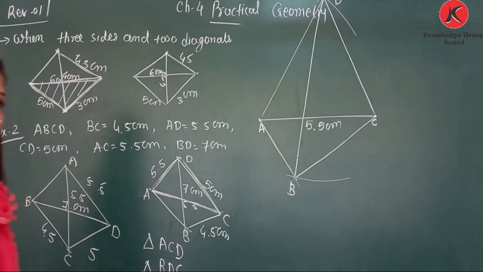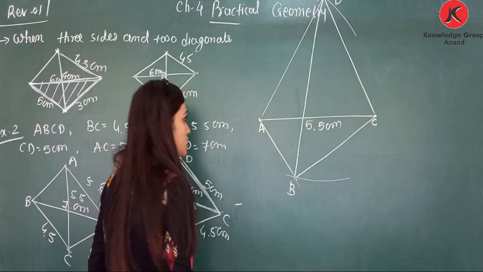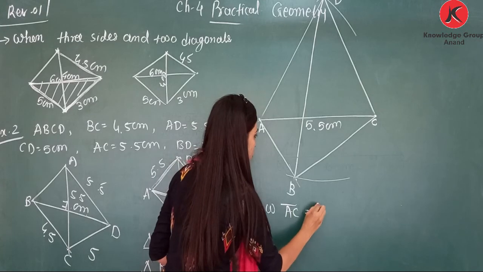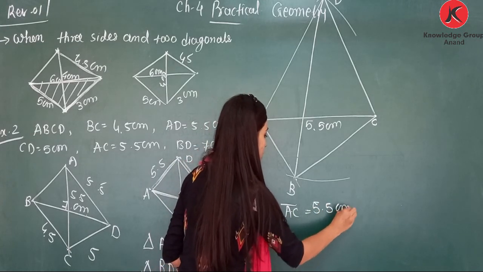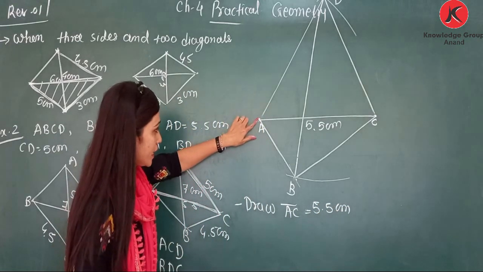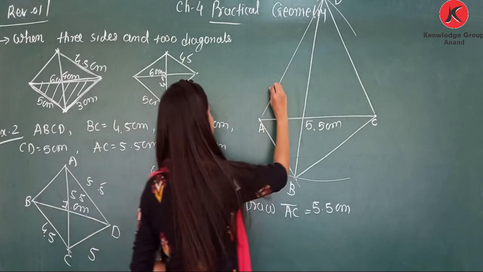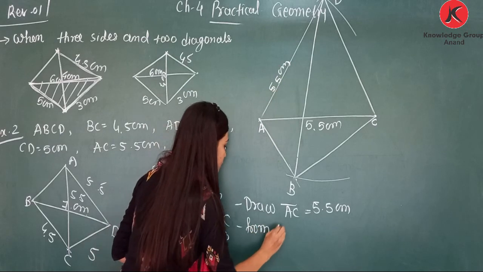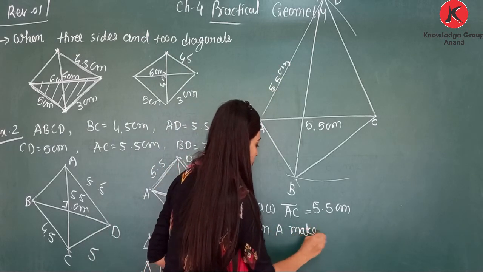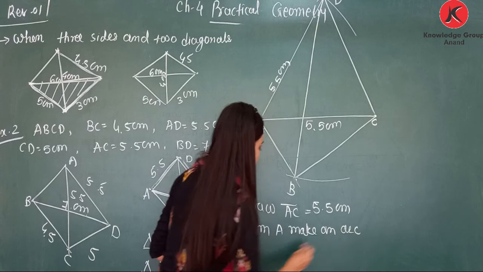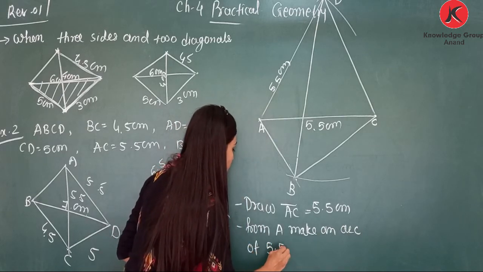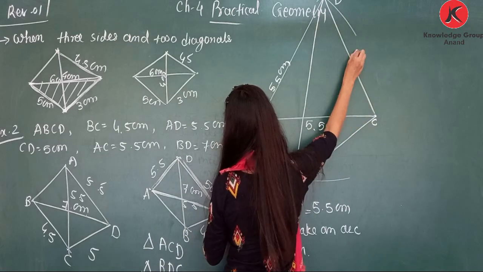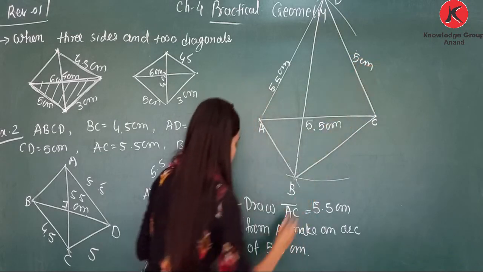Clear? So let's write the steps. First step is draw AC of 5.5 centimeter. Then what was our next step? From A make an arc of 5.5 centimeter. Next step was from C make an arc of 5 centimeter.